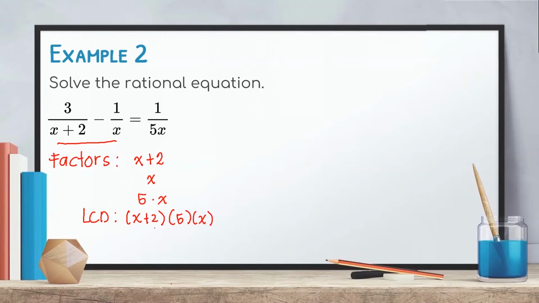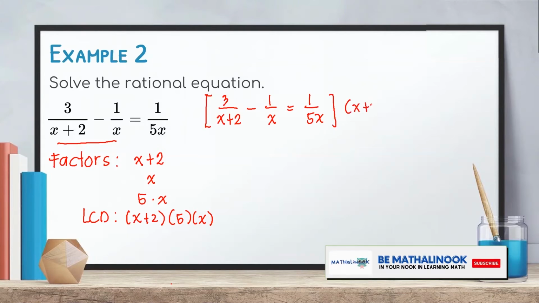After determining the LCD, we can now multiply our equation by the LCD to eliminate the denominators. Therefore, we will have 3 over x plus 2 minus 1 over x equals 1 over 5x times our LCD, which is x plus 2 times 5 times x.